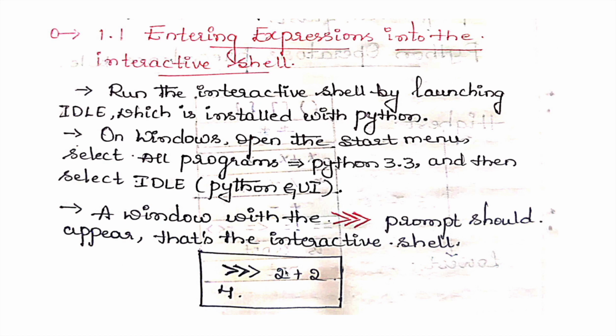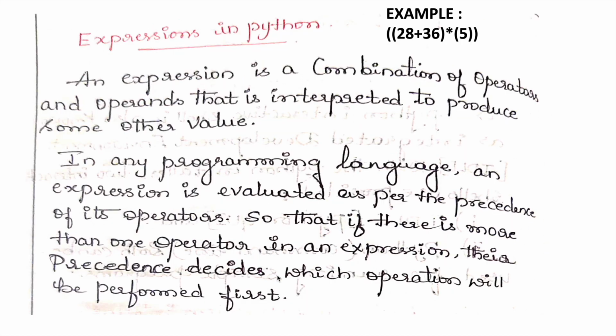Okay. Now, what is an expression then? An expression is nothing but a combination of operators and operands, and it is going to produce some result. For example, you can see this example here. 28, 36 and 5 are operands.